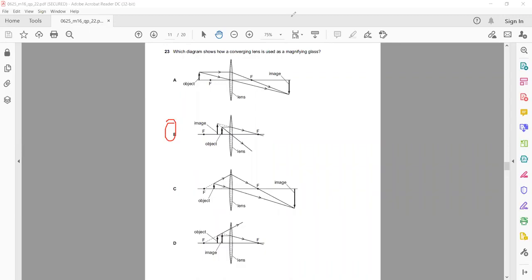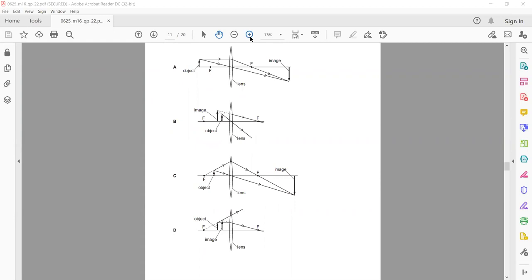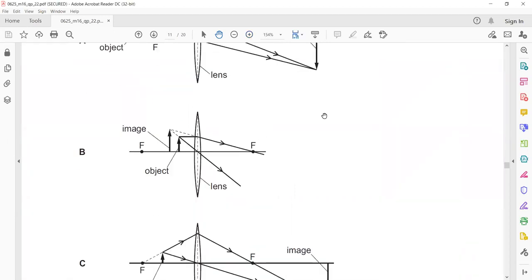First thing, the object. Why is B the right answer? When we draw the light rays, the imaginary line passing through the center of the lens is the principal axis. An object is placed within the focus. So first, the object should be within the focus.